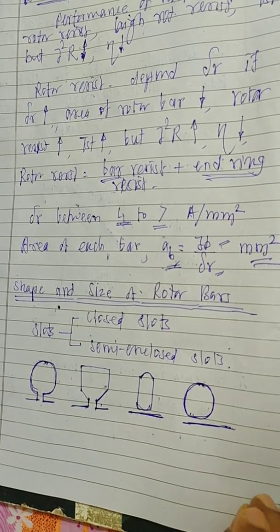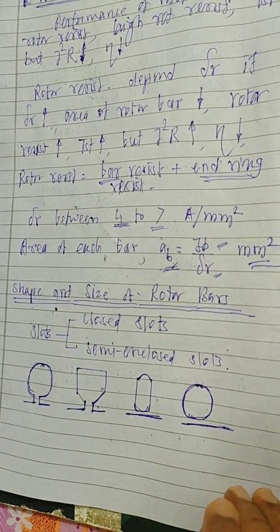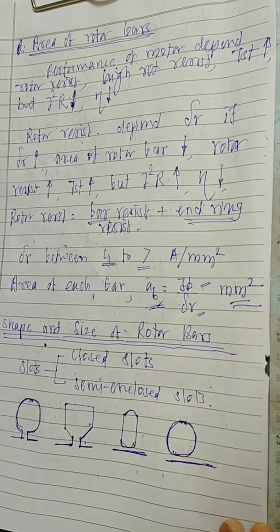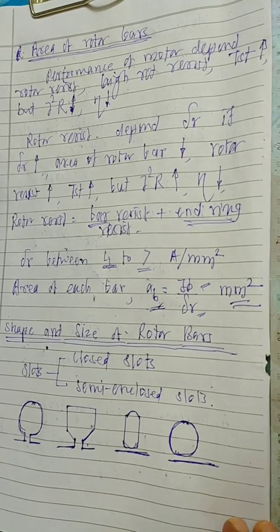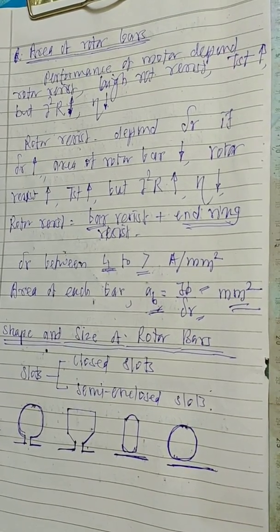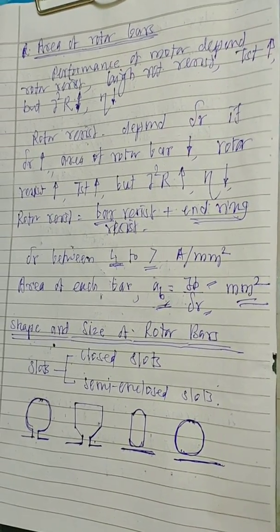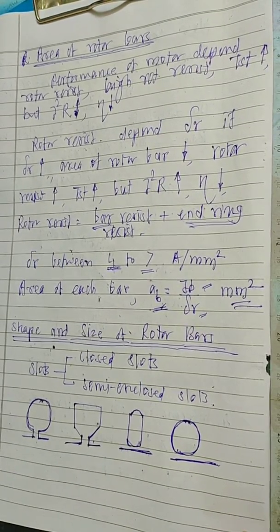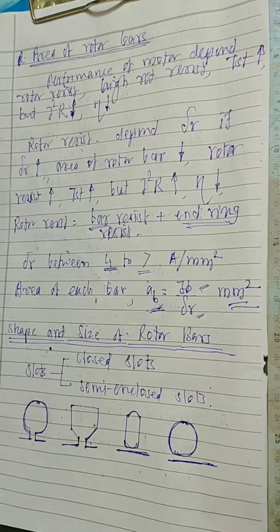But the disadvantage is that the leakage reactance with closed slot is large. Therefore starting current is controlled, but the overload capacity of the motor is small.